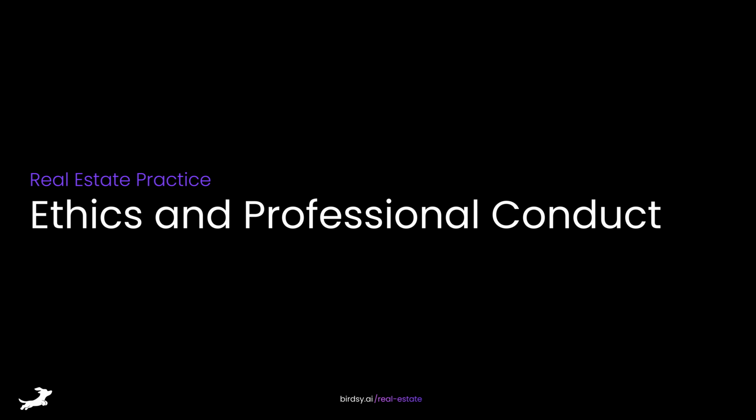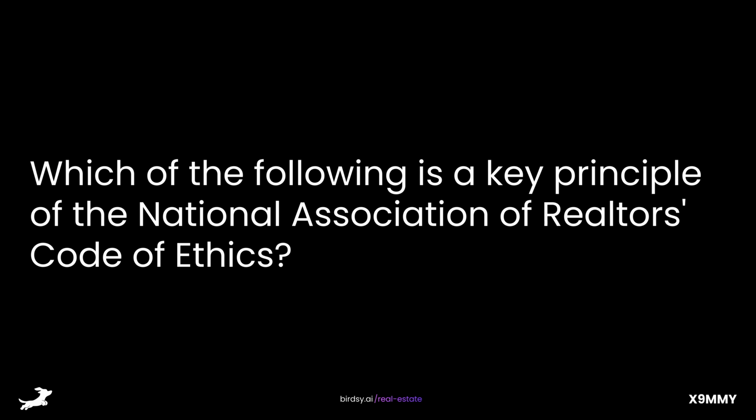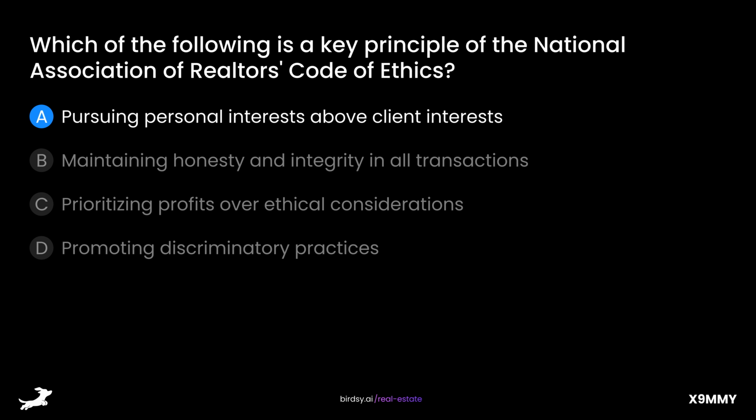Ethics and professional conduct. Which of the following is a key principle of the National Association of Realtors Code of Ethics? Is it A. Pursuing personal interests above client interests? B. Maintaining honesty and integrity in all transactions? C. Prioritizing profits over ethical considerations?